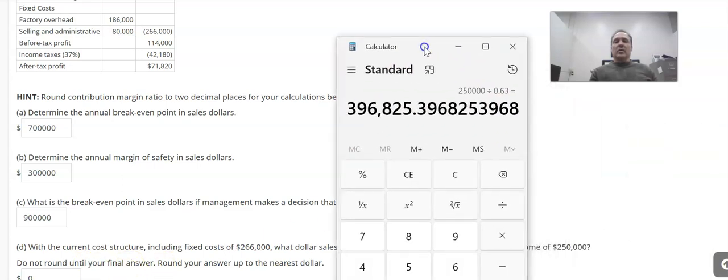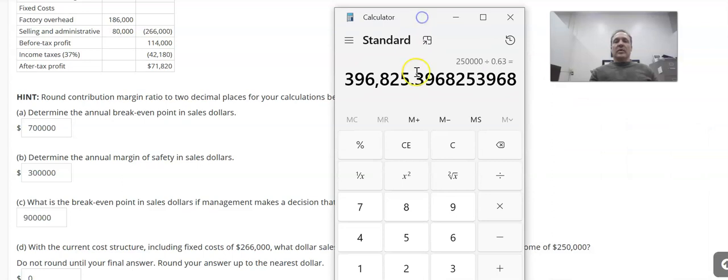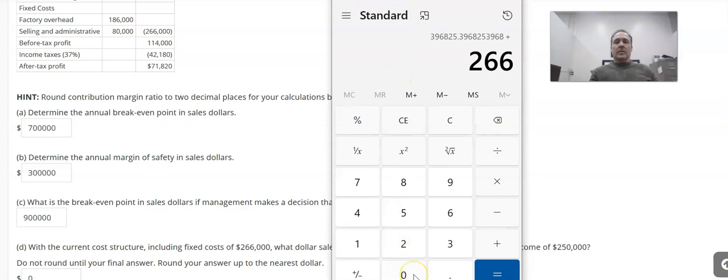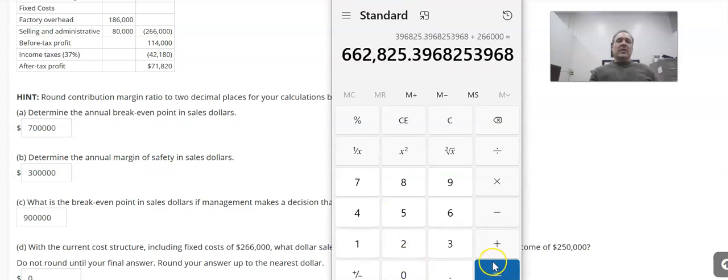So what we're going to do is add to this figure our fixed costs of 266,000. Okay. And that's going to give us 622,825. Blah, blah, blah.